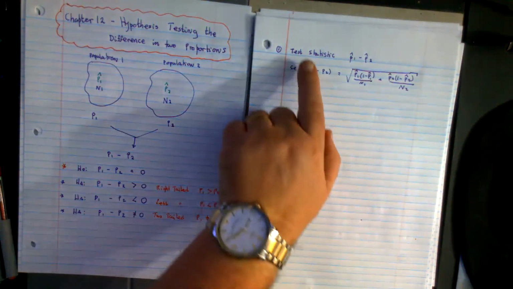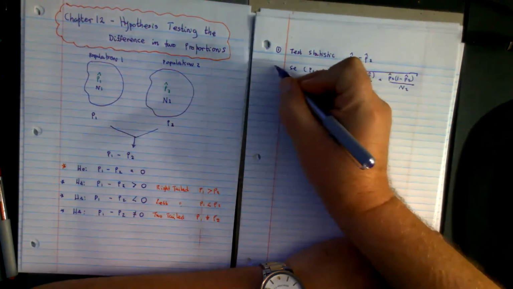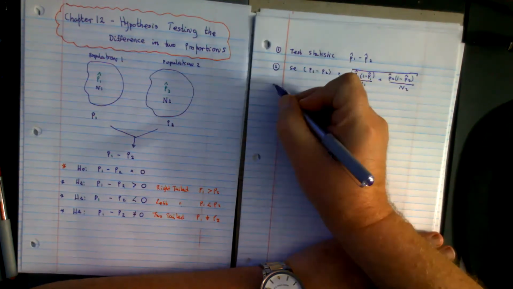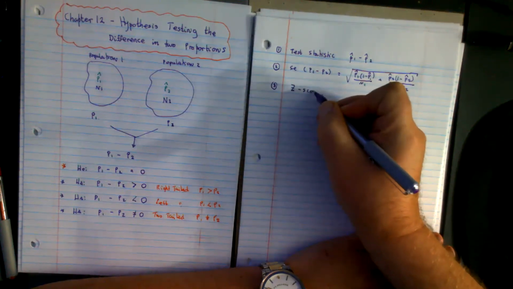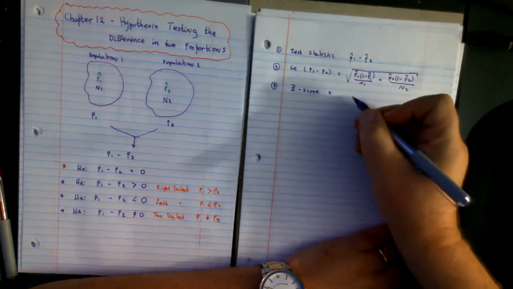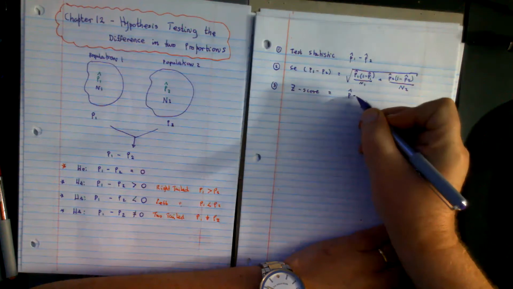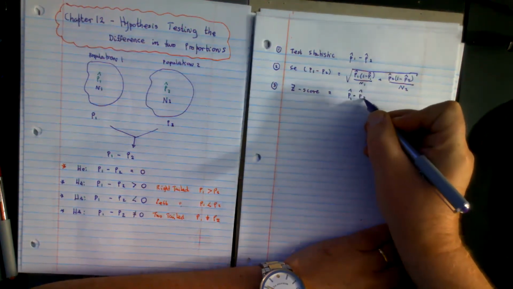So we've got our test statistic. We calculate our standard error. We then get a guy called the z-score. And the z-score takes on this value.